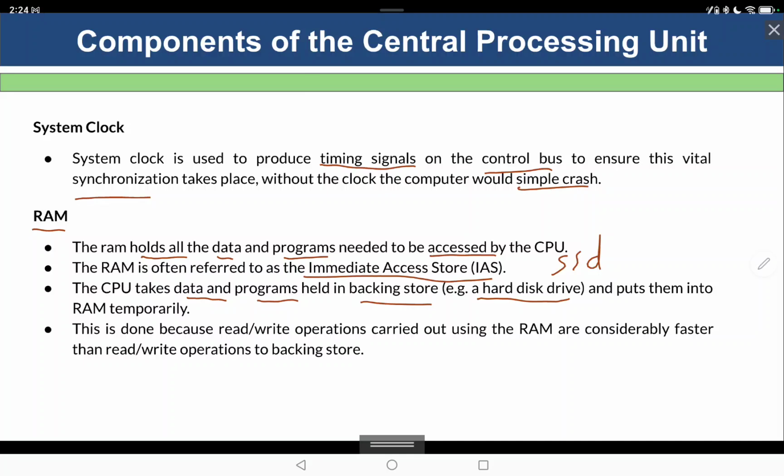So when the computer needs to perform an operation, the CPU will take the data from the SSD and place it in the RAM to be stored temporarily so that the data can be accessed much faster when the system needs to process an instruction. So that is the function of the RAM.